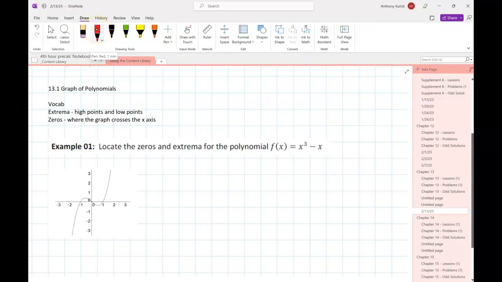Based on that picture, we should be able to tell the zeros really easily. What are the zeros? Yeah, so -1, 0, and 1. Just the x-intercepts.